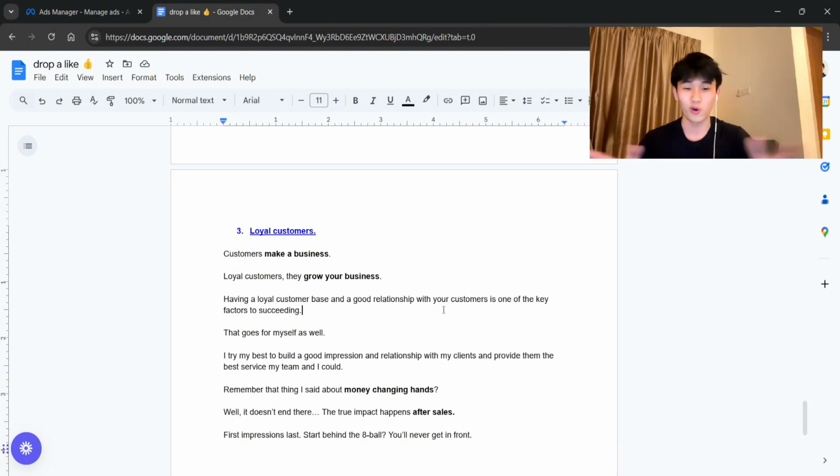And these are all quotes from Suits, and the last line as well: first impressions last, start behind the eight ball, and never get in front. So pipeline enhancement and loyal customers go hand in hand. Having a great customer experience and a great customer journey allows you to acquire loyal customers worth a hell of a lot of money in the long term.